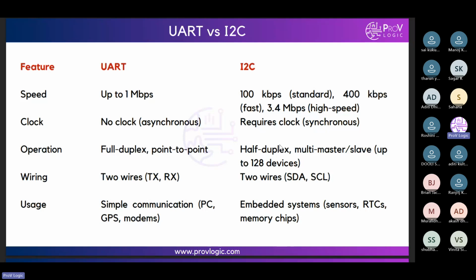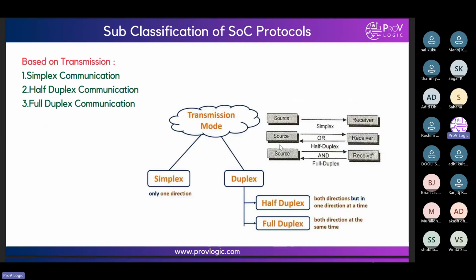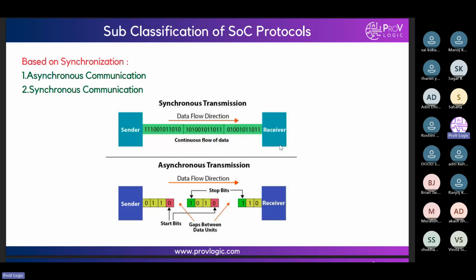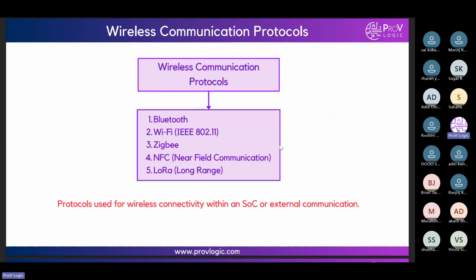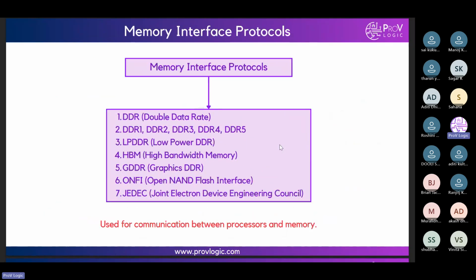Compare all of these and understand which is high speed, which is low speed, which is simplex, half duplex, full duplex, which are parallel and which are serial communication, which are synchronous, asynchronous, and which are intra. Write everything in a table, so you will get your doubts clarified, and whenever you want to refer in future, it will be easy. Try to make one classification of all protocols and share it with me.